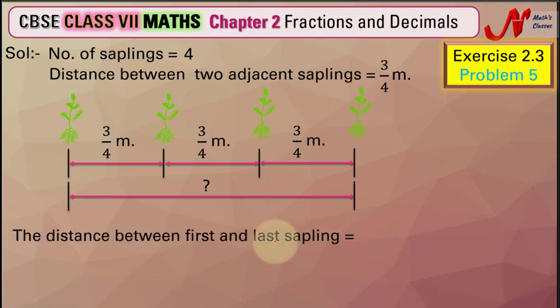So the distance between the first and last sapling can be written as 3 by 4 meters plus 3 by 4 meters plus 3 by 4 meters. Here 3 by 4 is repeated 3 times, so it can be written as 3 times 3 by 4 meters.